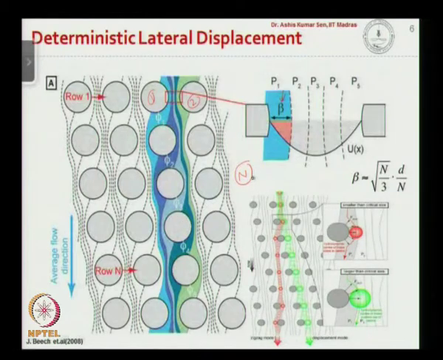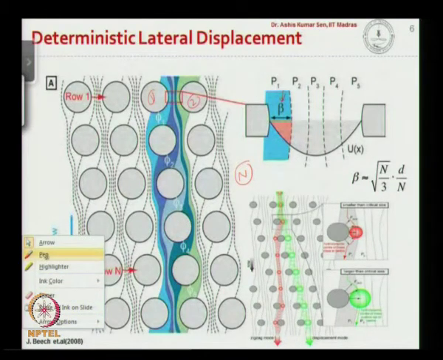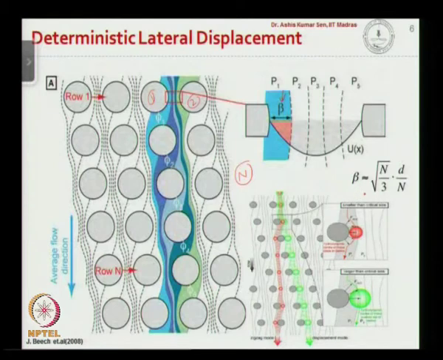So the geometry has a period of n, and so that is how we can express beta in terms of n and d. Beta equals square root of n over 3 into d over n, and d is the diameter of the post. Okay. So we can find beta.